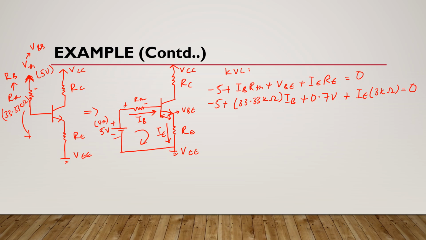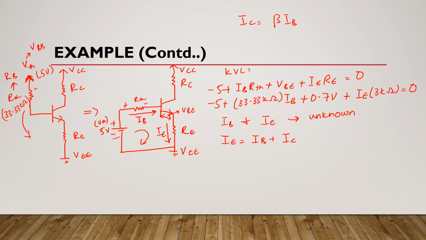As you can see in this equation, IB and IE are unknown. So how can we correlate these unknown terms? We will use this equation: IE is equal to IB plus IC. We know that IC is equal to beta IB.